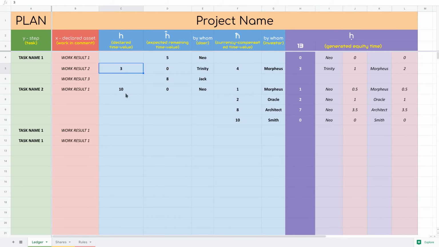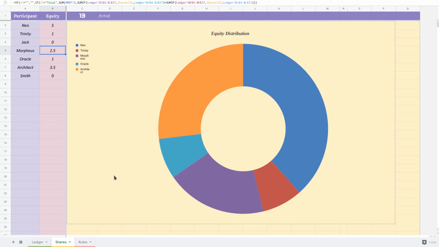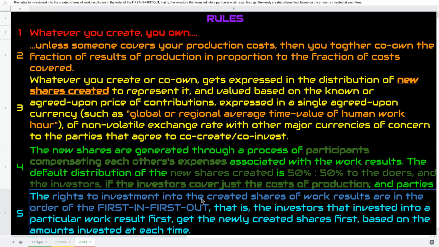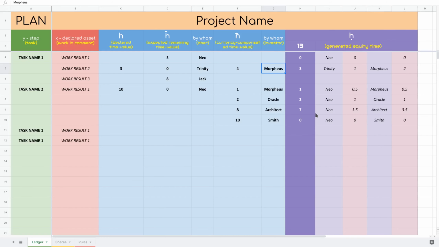After all, the prices here have to be matched with the prices there in the compensation part. And the rights to investment, as I mentioned, are created in first in, first out order, as shown.